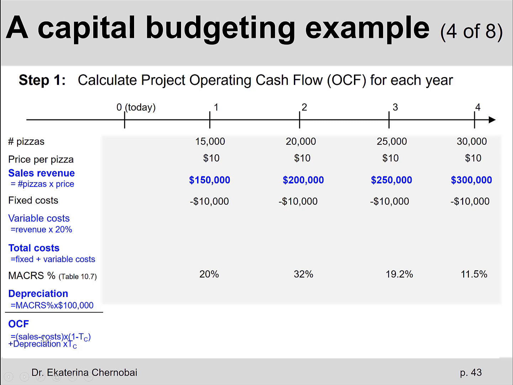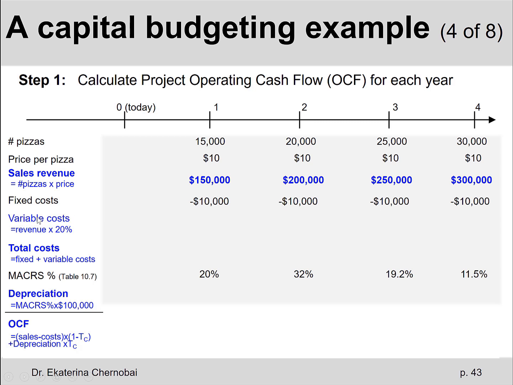What else needs to go in the formula? Costs. That's production costs. You can also call it costs of goods sold, COGS. That's what's commonly found in an income statement. Costs here include fixed costs, which are given as $10,000 per year, and variable costs.